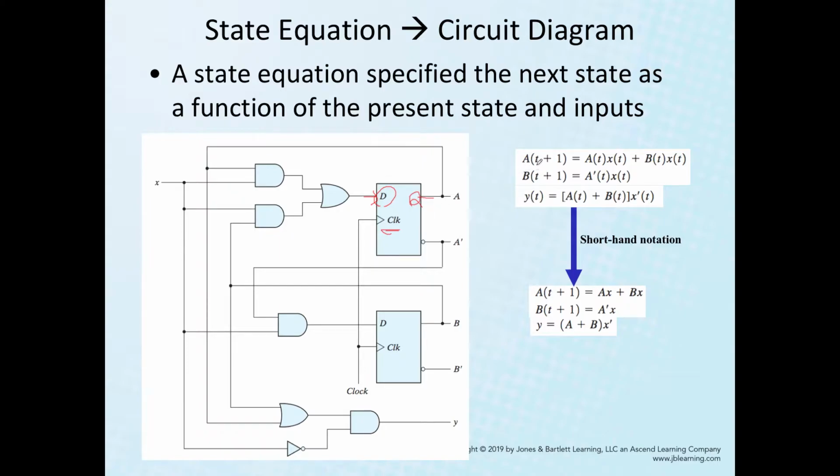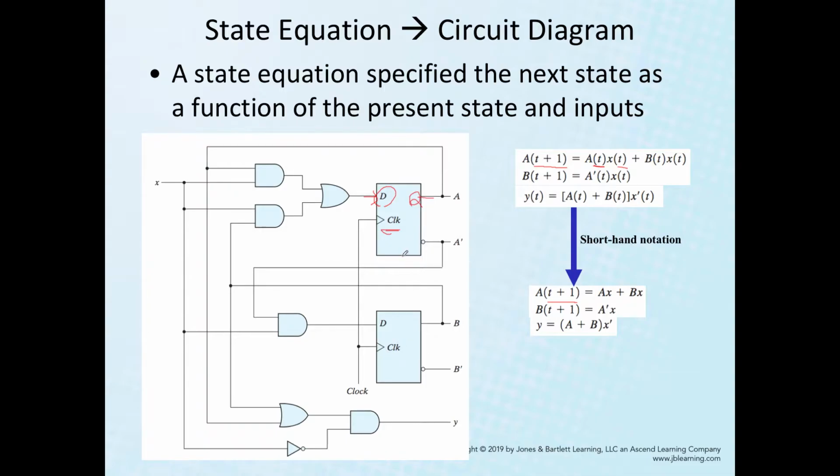In the state equation, we add (T+1), which means the output of the flip-flop on the next clock tick; currently it is (T). So for the current value, we omit the (T) part, and we only give the (T+1) part representing the value on the next clock tick.